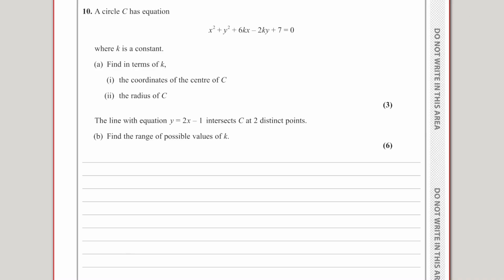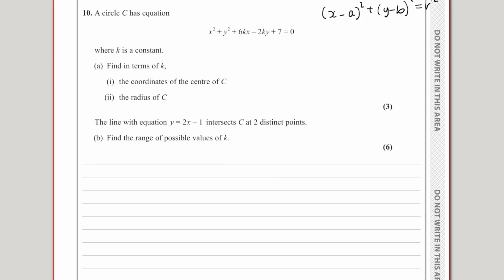Question 10. A circle C has equation x squared plus y squared plus 6kx minus 2ky plus 7 equals 0, where k is a constant. We need to find in terms of k the coordinates of the centre and the radius. So we're going to rewrite it into the form x minus a squared plus y minus b squared equals the radius squared.